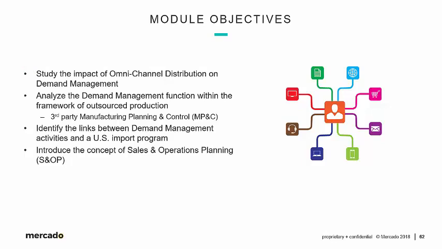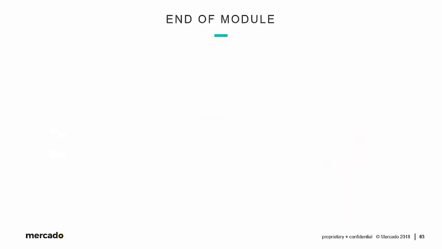That's what this whole module was about, and what that means to third-party manufacturing planning and control, and the decoupling of the buy side of supply chain from the sell side, and what we need to do as the U.S. importer to bring them back together. From there, identify the links between demand management and a U.S. import program, and finally, an introduction to the concepts of sales and operations planning, which will appear again in much greater detail. That's it for Module 3.